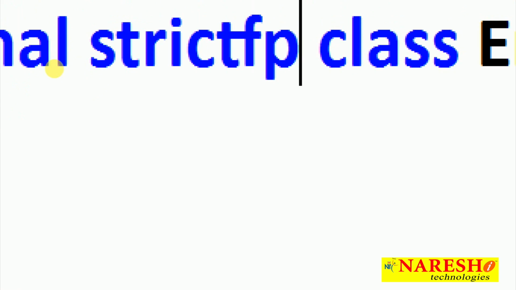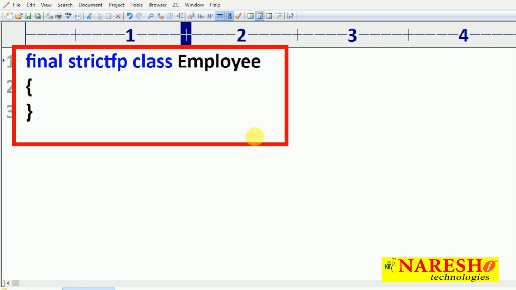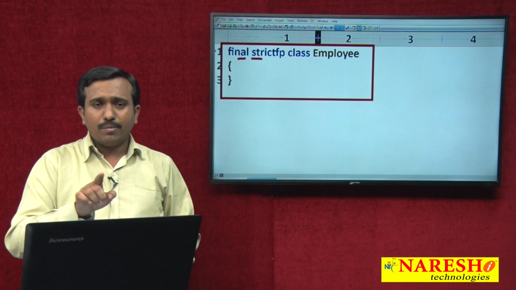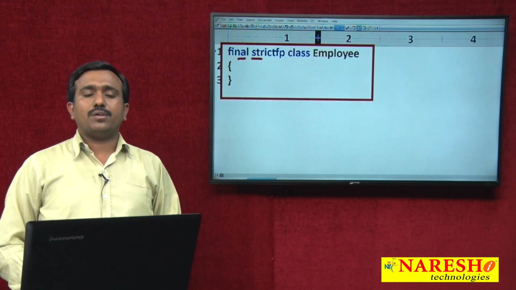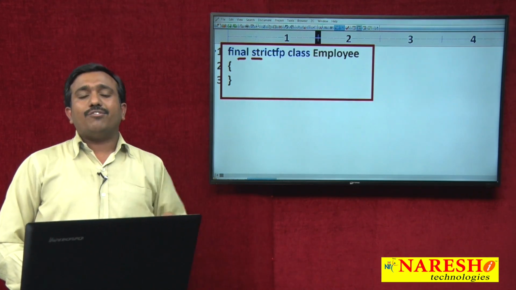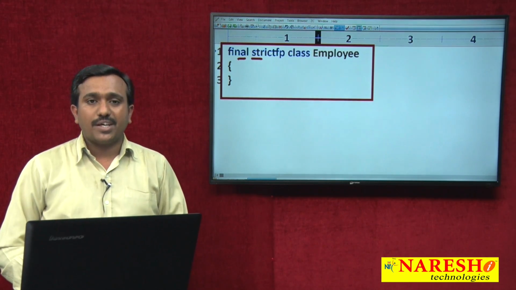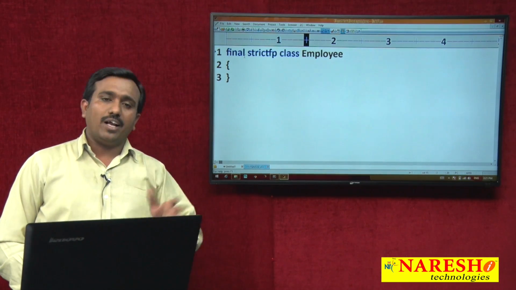Final strictfp is allowed by this class syntax. Here the important point is that the order of the modifiers is not important for a class. Strictfp final, final strictfp, both are the same. But the combination of modifiers is very important for class syntax. So the final strictfp combination is always legal.